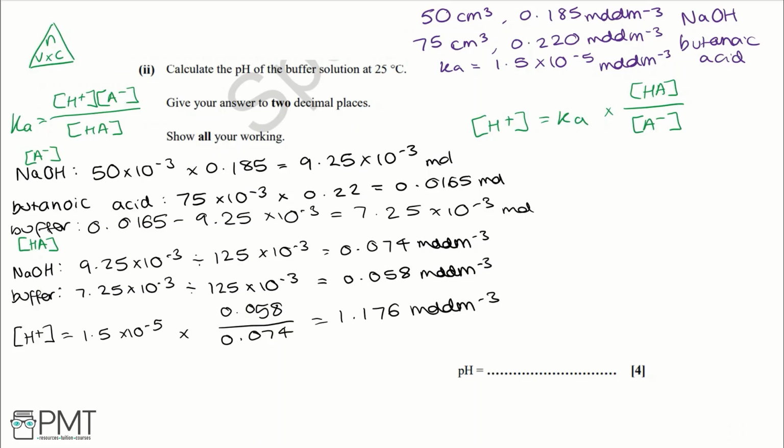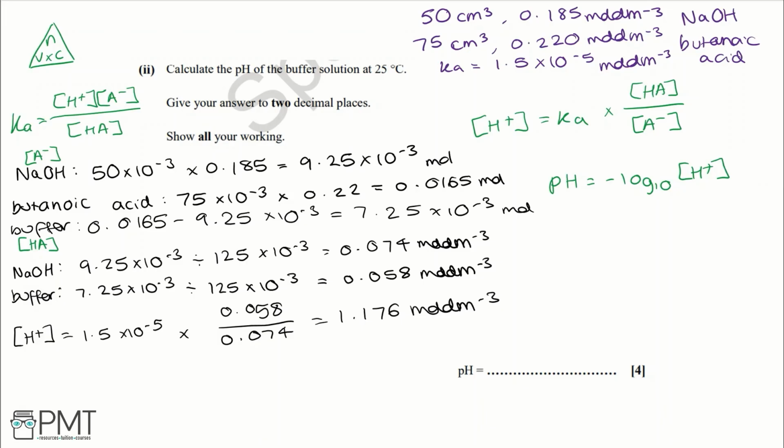And then finally we're going to use the equation for pH, which we used in part 1 of this question, so the previous page, and that is pH equals minus log10 of the concentration of H+. But in the other part we used concentration of OH-, and it was pOH.